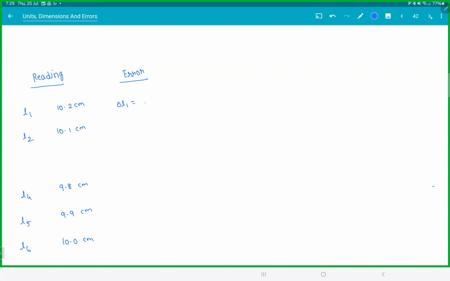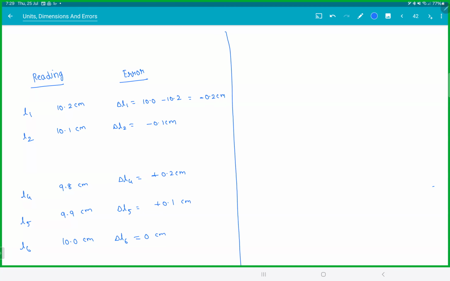So 10 minus 10.2, that is 0.2 centimeter minus. The error in delta L2 is minus 0.1 centimeter. Error in L4 is plus 0.2. L5 is plus 0.1. Error in L6 is 0. So these are the errors.